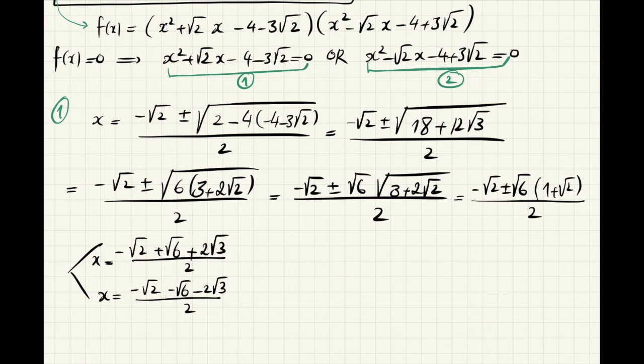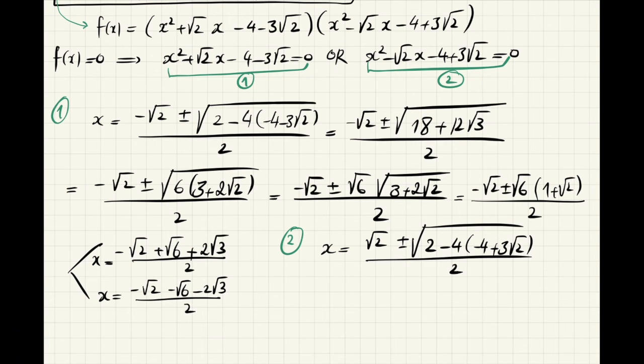And then let us do number 2 here. So number 2 is also the same, so similar. So x becomes square root of 2, and then I have plus and minus square root of this 1 to the 2 is 2, minus 4 times minus 4 plus 3 square root of 2, and then I have divided by 2.